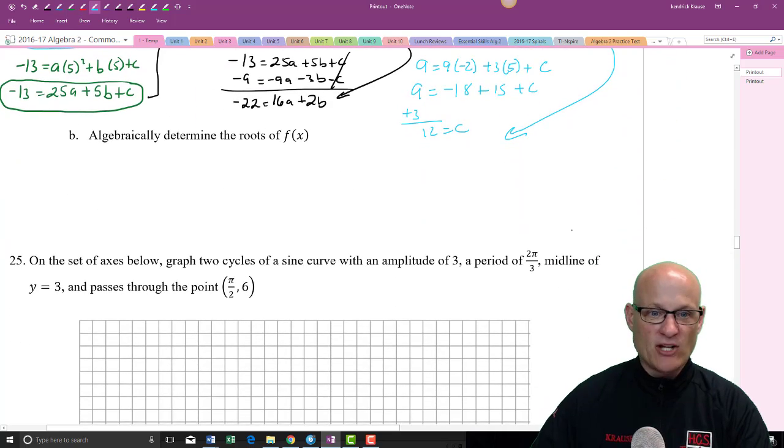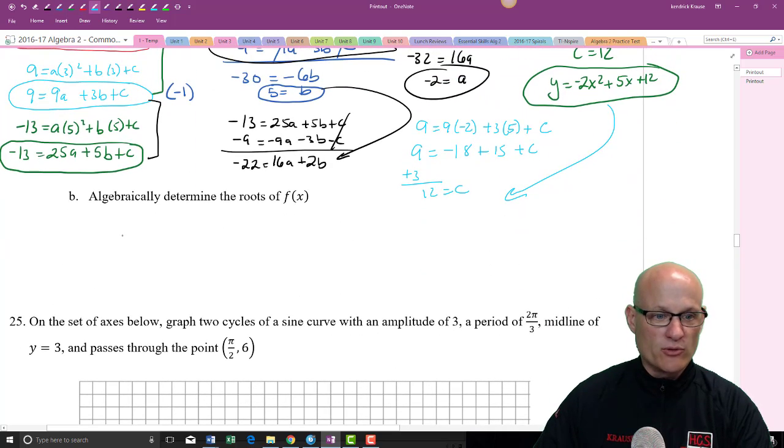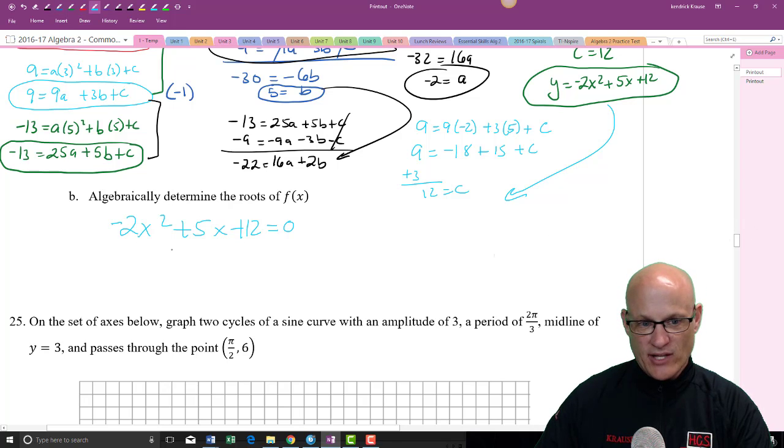Part B says algebraically determine the roots. In other words, negative 2x squared plus 5x plus 12 equals 0. Now, I don't like factoring when this thing's negative, so I'm going to move everything to this side. So I get 0 equals 2x squared minus 5x minus 12.